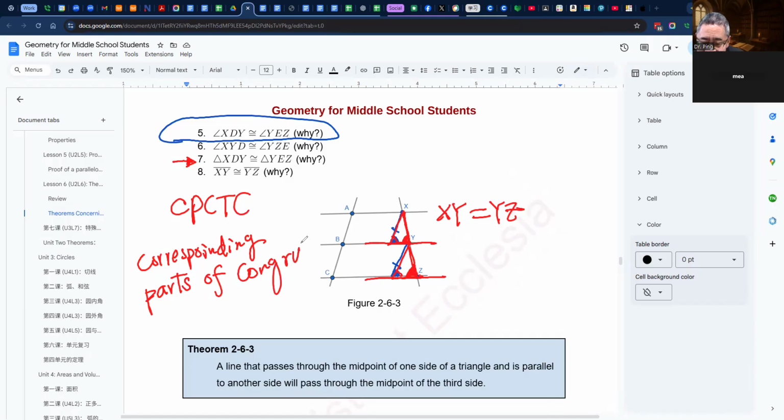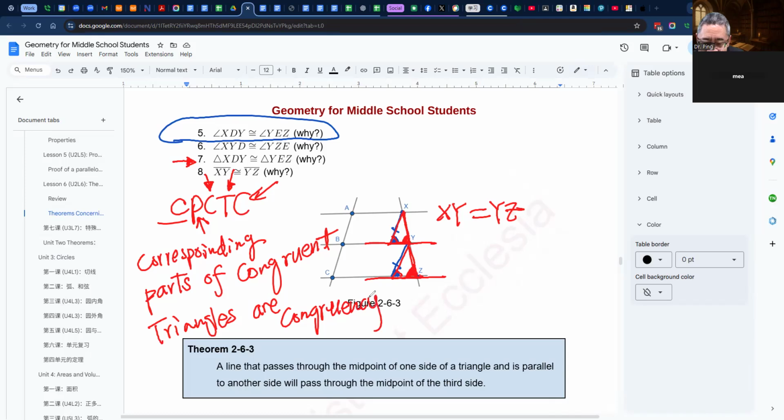The second C is congruent, triangles, T is triangles. So corresponding parts of congruent triangles are congruent. The last C is congruent.